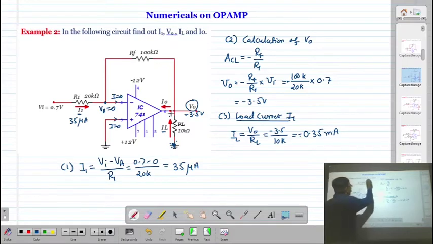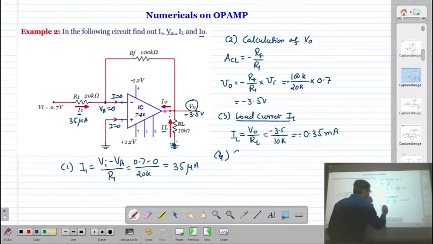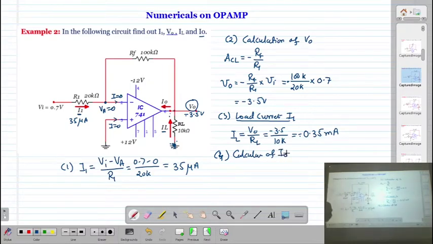Now you have to find the IO. Calculation of the output current. Whatever my input current I1 was, this I1 is also flowing like this, and IL is flowing in this way.